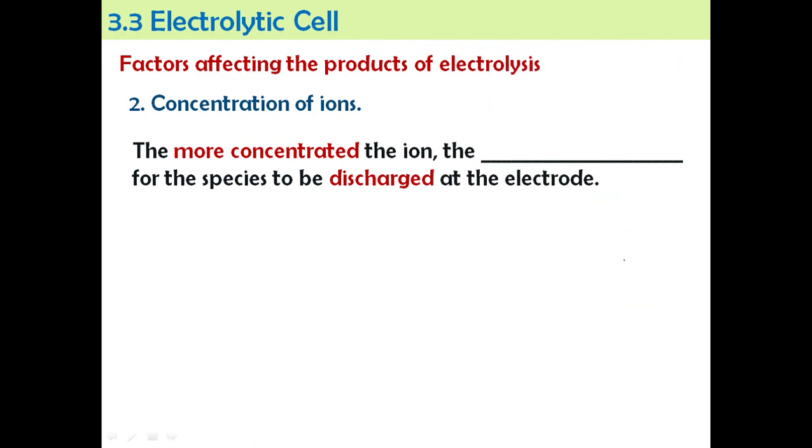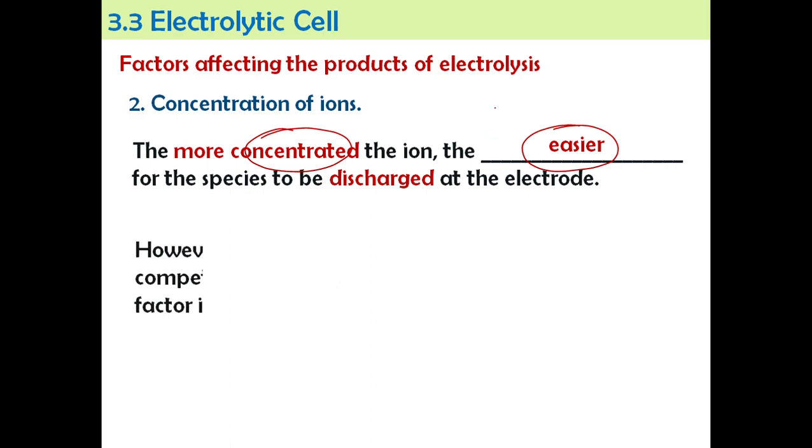So, faktor yang seterusnya adalah concentration of ions. Okay, the more concentrated the ion, the easier for the species to be discharged at the electrode. So, lagi concentrated, lagi senang undergo reaction dekat electrode. So, means siapa yang lagi tinggi concentration, dia yang akan terpilih untuk undergo reaction.